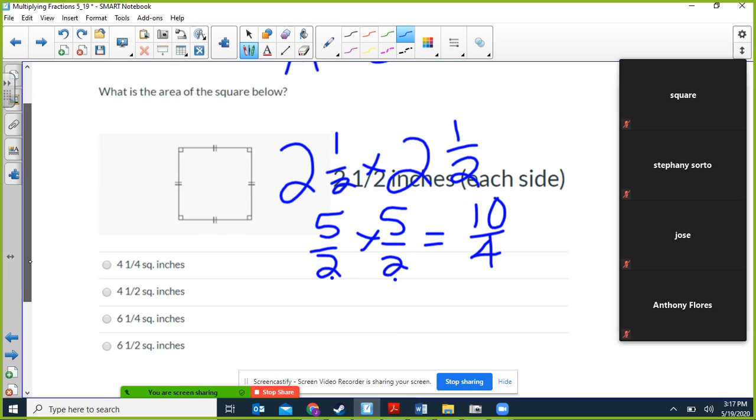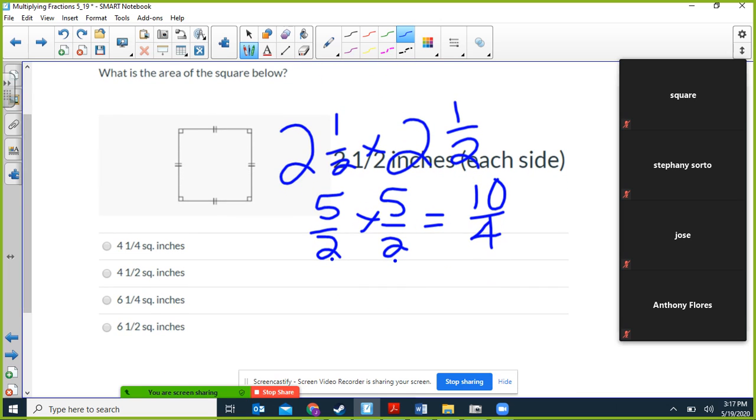That is not a possible answer. So I got to ask myself, how many groups of 4 can I pull out? I can pull 2 groups of 4 out of 10. I would have 2 left over, and I bring my denominator back over. 2 and 2/4. Whoops, I made an error. 5 times 5 is 25, excuse me.